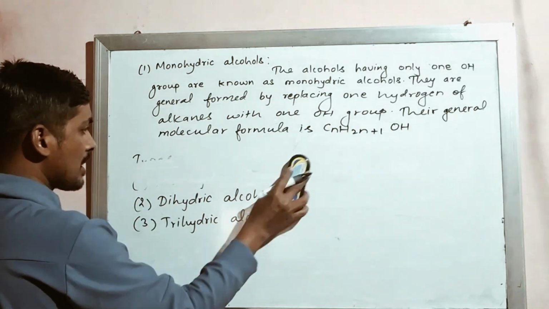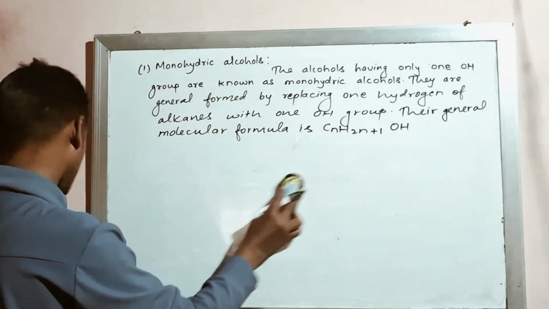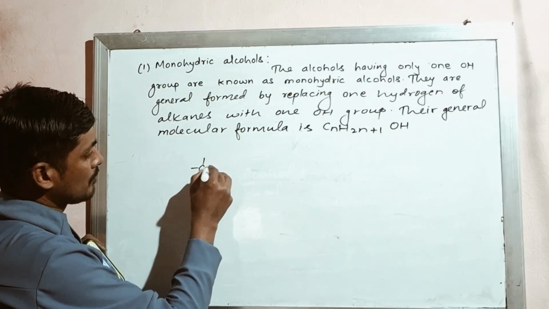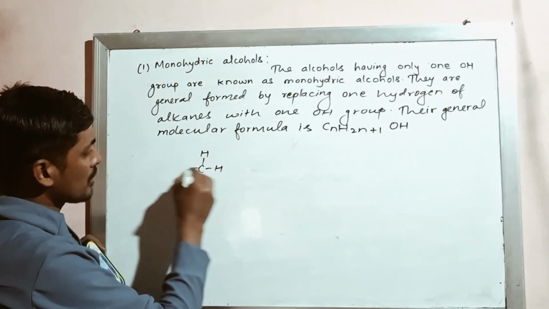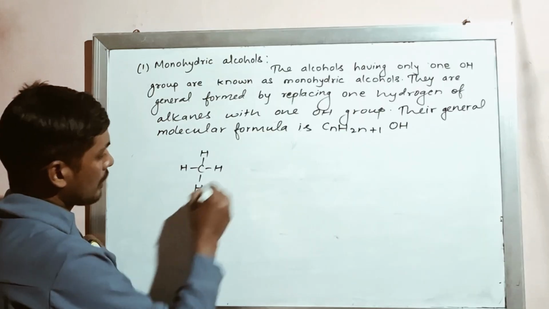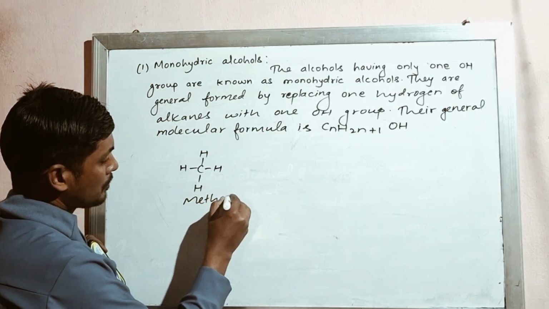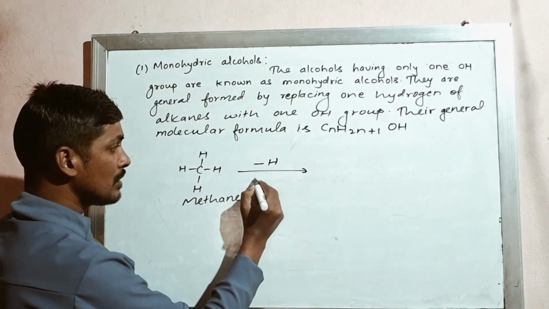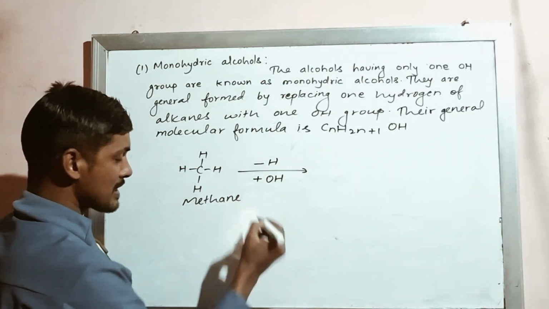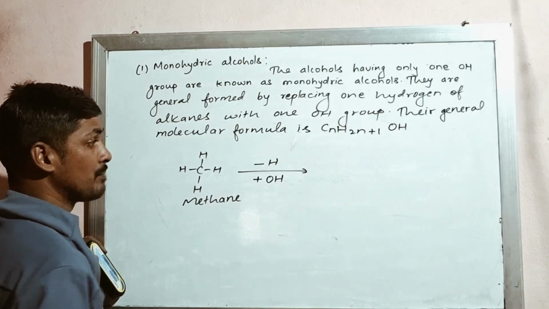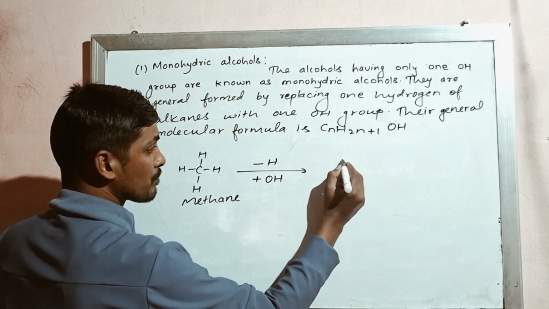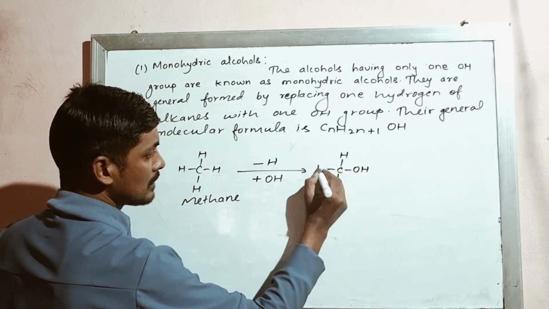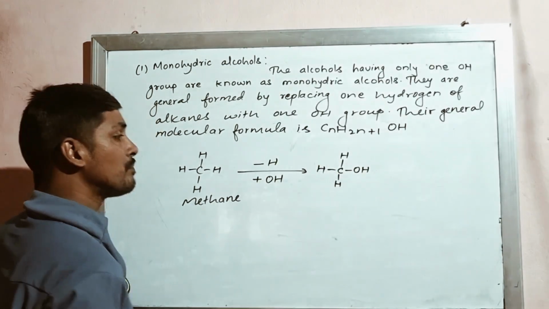Now let's take an example. Suppose there is methane. This is the structure of methane. From methane, one hydrogen is removed and one OH is added in the place of that hydrogen. Then what will be formed here? We can add that OH anywhere.